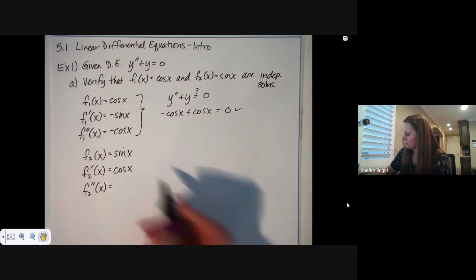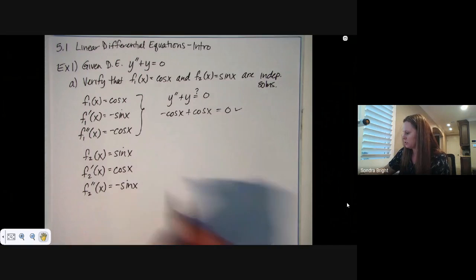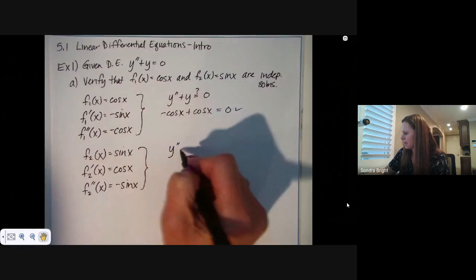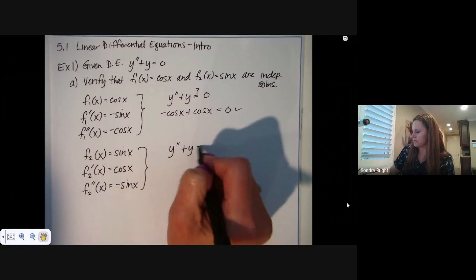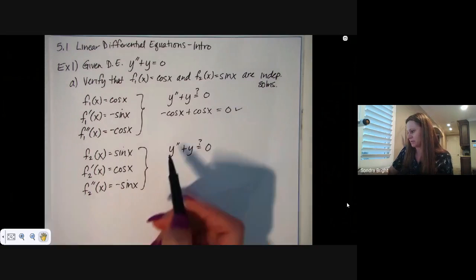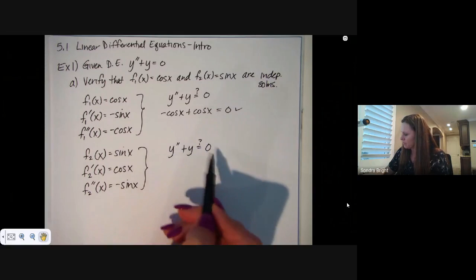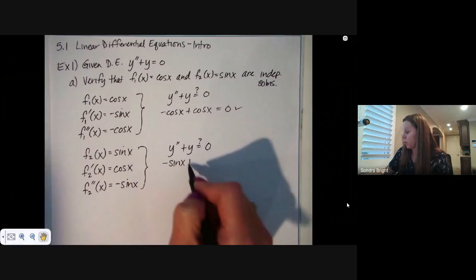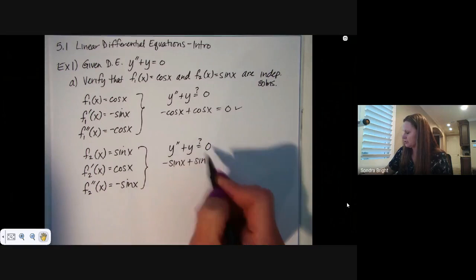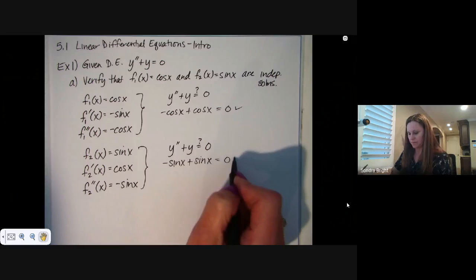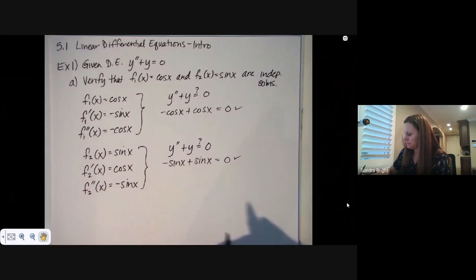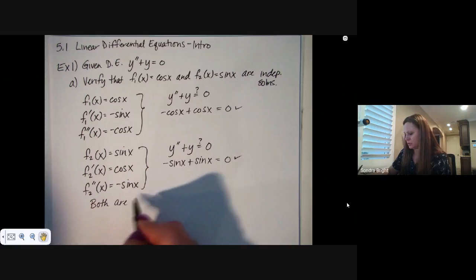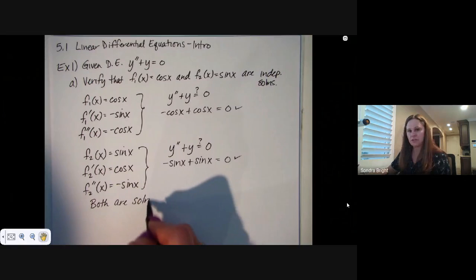Plugging these into the differential equation, does sine satisfy that the second derivative of sine plus sine is equal to 0? We got the second derivative was negative sine of x, and y was just sine of x. Sure enough, that's 0. So both of these are solutions to the differential equation.